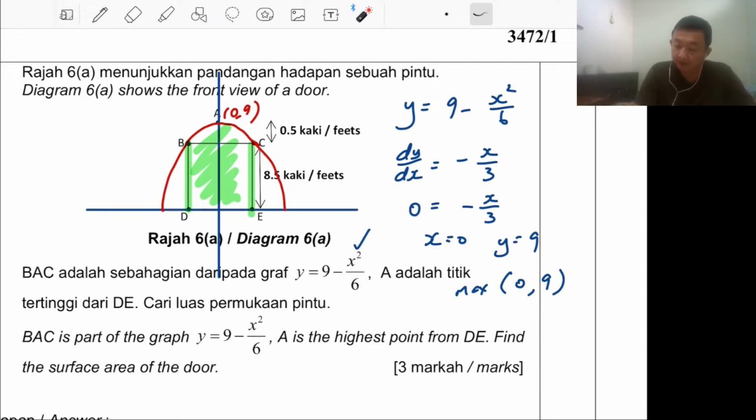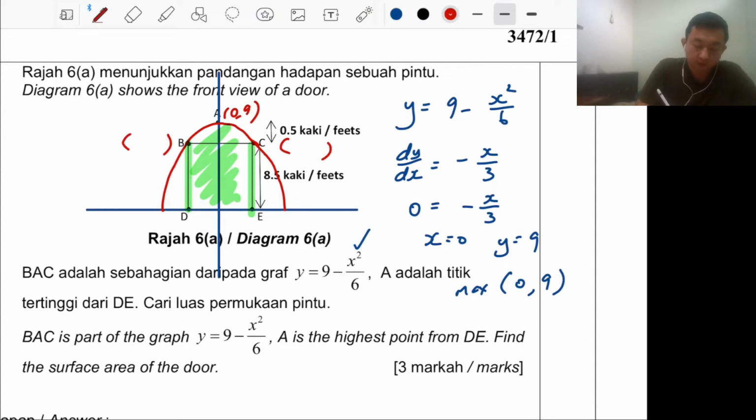So how do I find it? As long as I know the y value, I can get the x value, and I can find the limits. Can you tell what the y value is for coordinate B and coordinate C? You do, right? This is 9 feet, so this will be 8.5. So the y is 8.5.